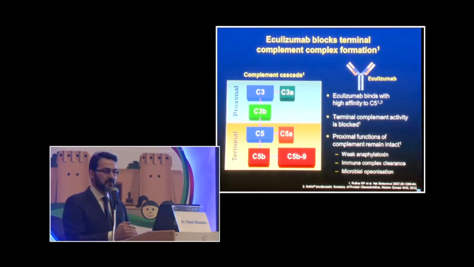Just going back to this cascade, the good thing about eculizumab is that it does not affect the proximal part of the complement activation. Therefore, immune complex clearance will be there, and microbial opsonization will stay, but it will mainly affect the terminal part, stopping the atypical HUS.